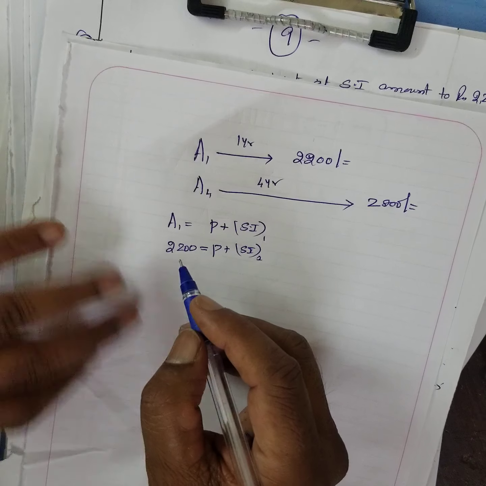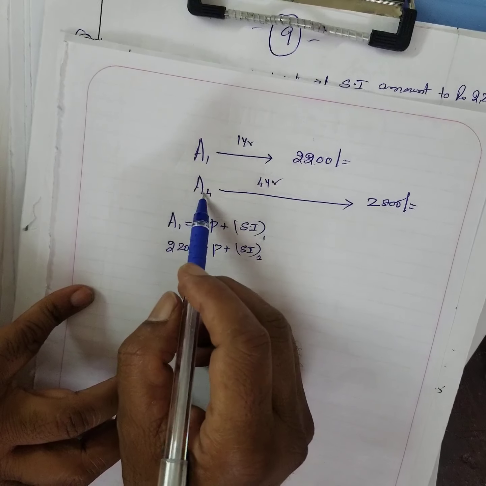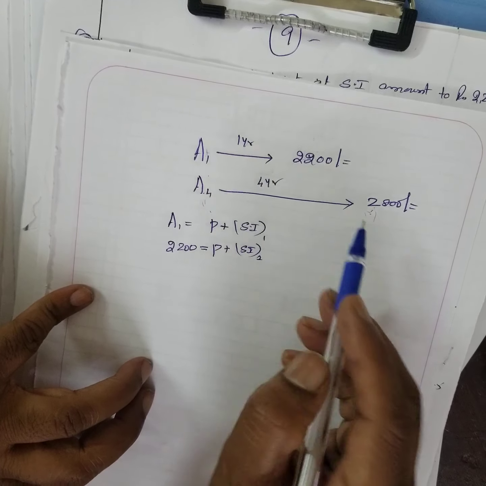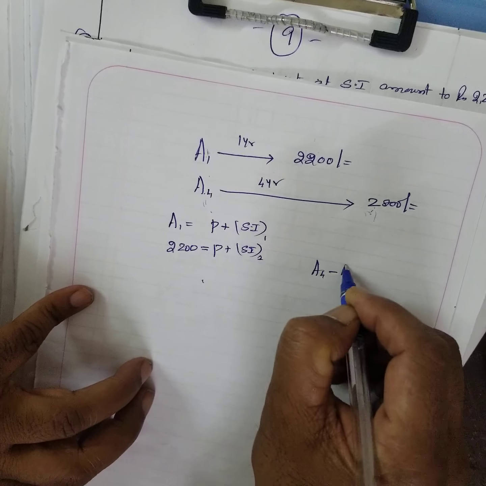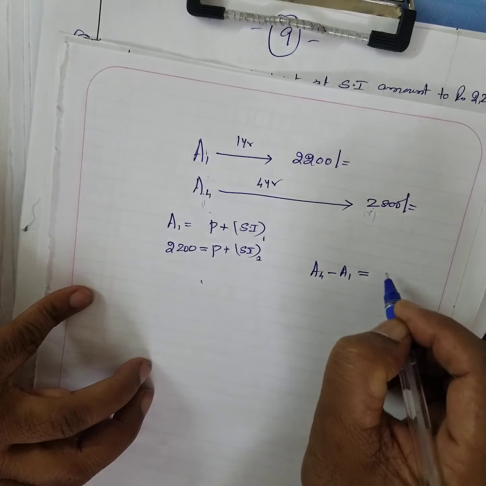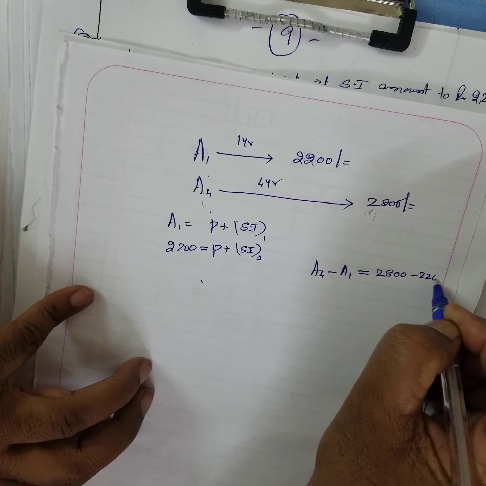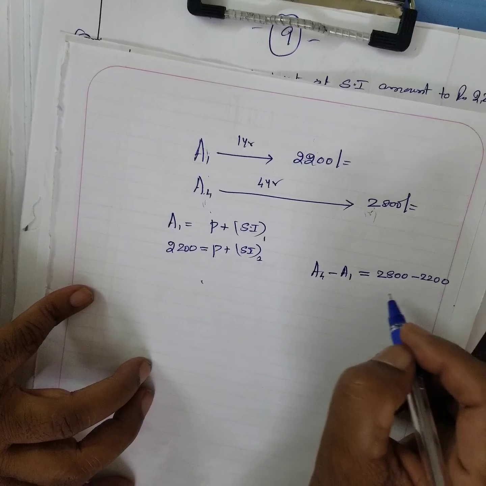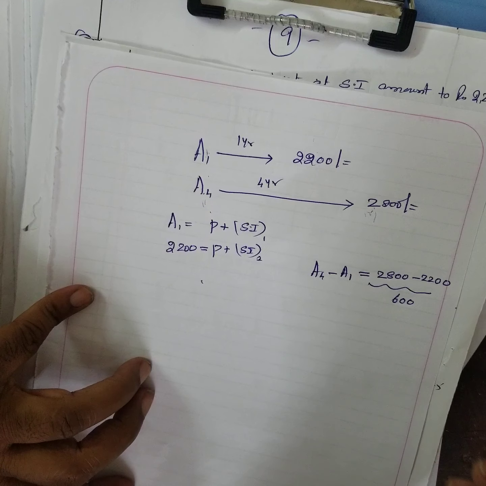Similarly, if you subtract these two, A4 minus A1 gives what? 2800 minus 2200, how much? 600.